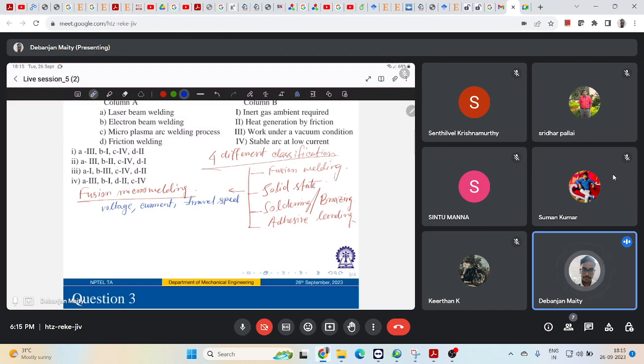Then you can have a continuous mode or pulse mode. So how will it look in pulse mode? Let's say you have a power versus time graph.